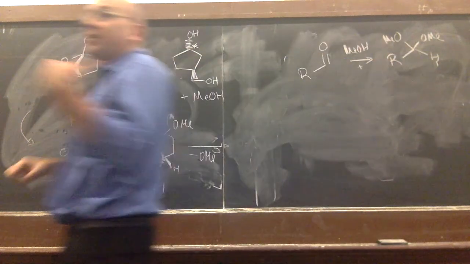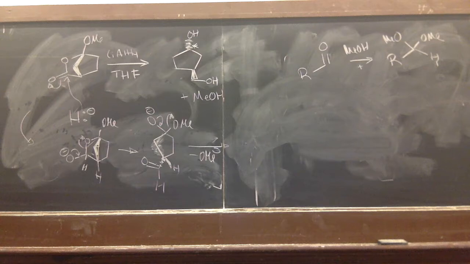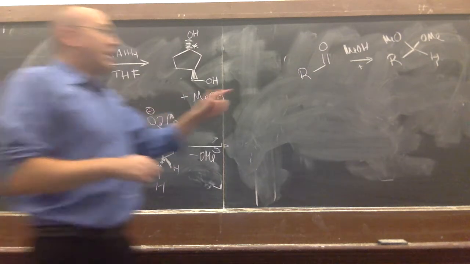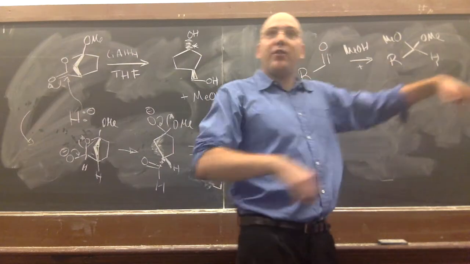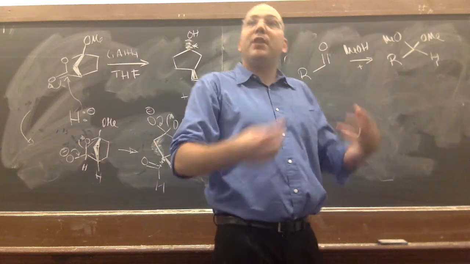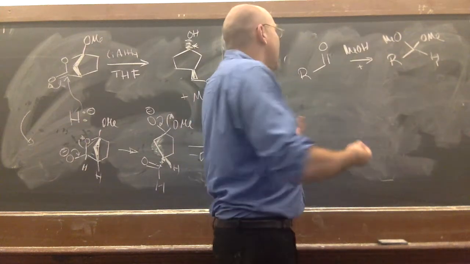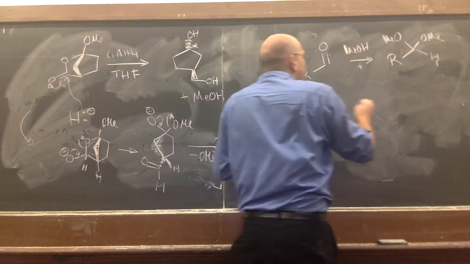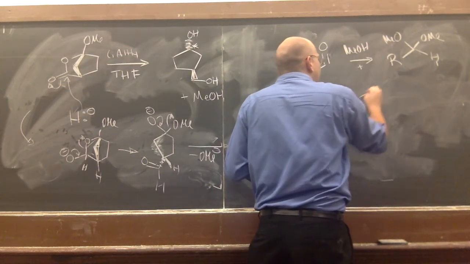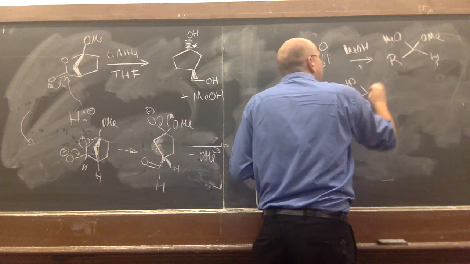Everybody should be able to draw this mechanism to this product. Now, the reason behind this is you drive it with methanol, water is lost in the system. But if you have water in that system, there's an intermediate, or even before you lose the water as an intermediate, and again, every single one of these reactions is reversible.